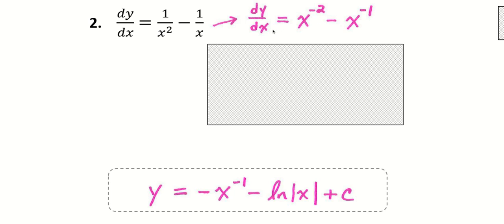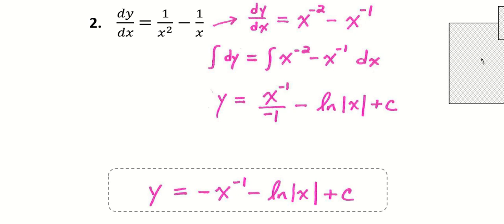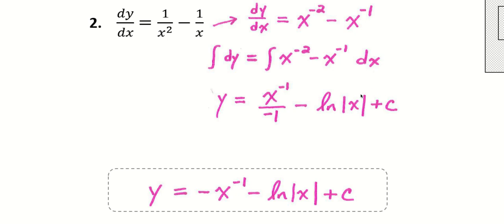But now you're okay to integrate over here, but what happens when you integrate 1 over x, or essentially x to the negative 1? You get the natural log of the absolute value of x.